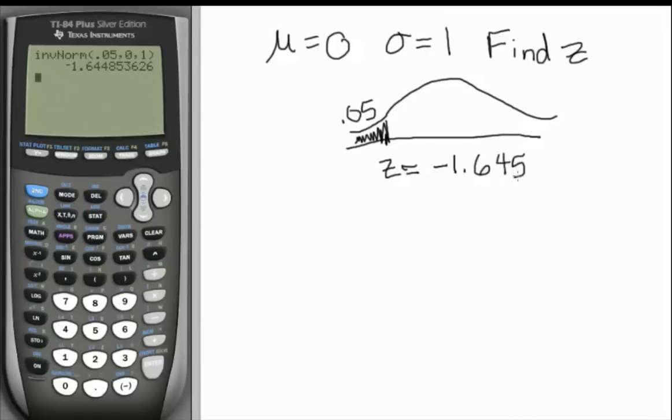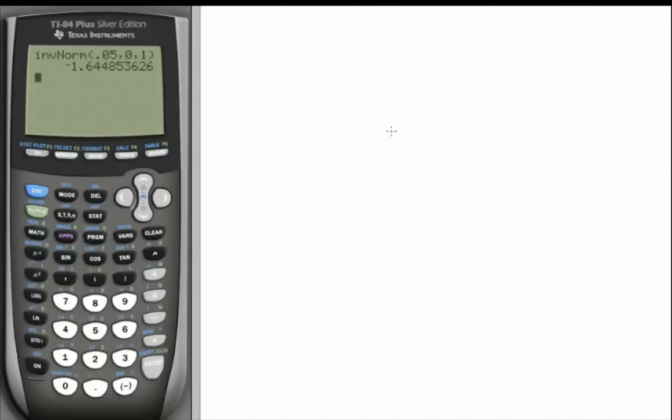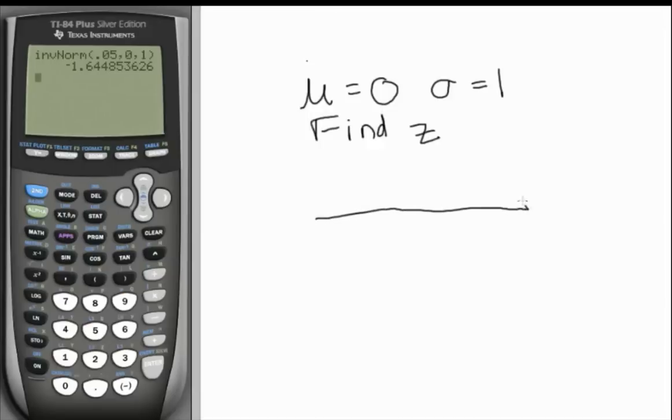Let's do another example which is quite similar, only in this example we want to find z, and again in the standard normal distribution. Mu equals 0, sigma equals 1. Let's find z so that the area to the right of the z under the standard normal curve is 0.01.